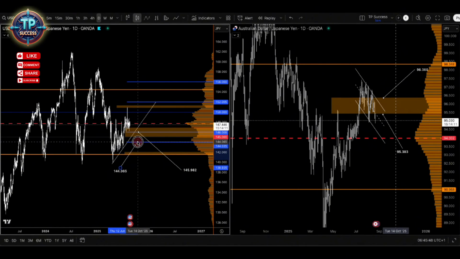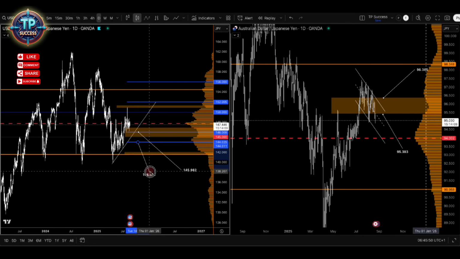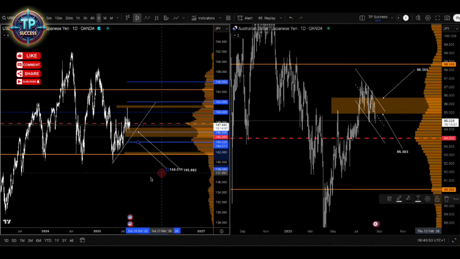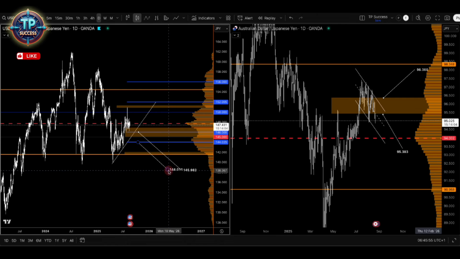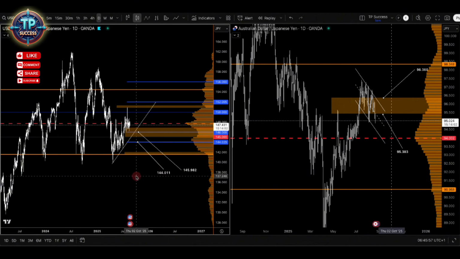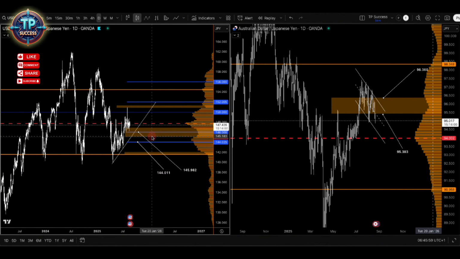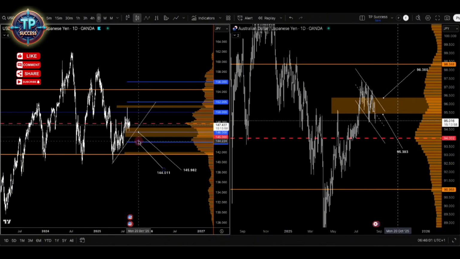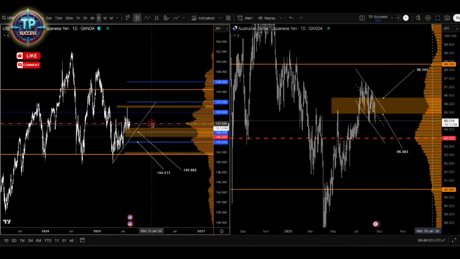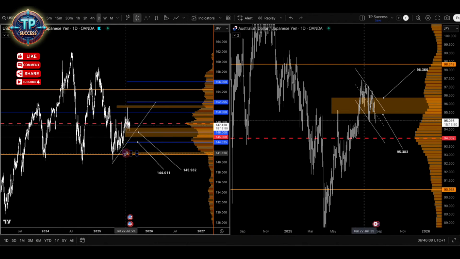I'm just going to move this one to about here. So these are the zones that we're thinking about taking buys from. In this area right here, we're thinking this would be the best area to take buys from. But at the same time, depending on how it closes, we might want to wait and possibly grab it from down here, right?